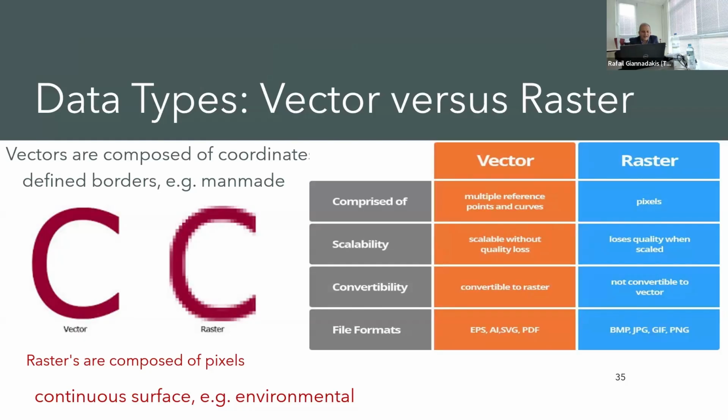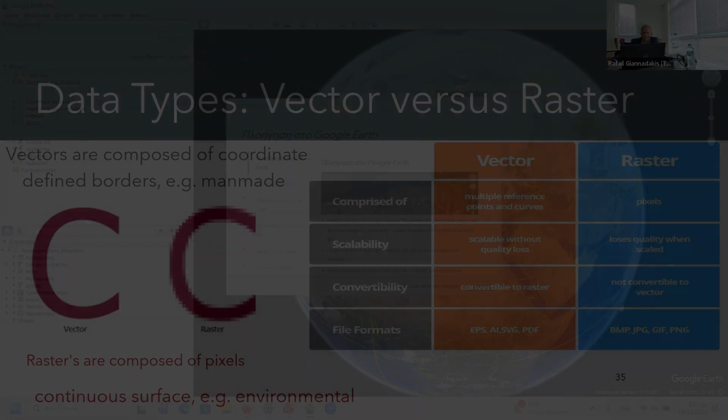But if the letter C was a photo, like the second one, if you enlarge it, you can see the pixels. Here you can see next to this photo the difference between vector and raster. We'll see it again later because in ArcGIS and QGIS, in the main menu tabs, you can see whether you use raster or vector.